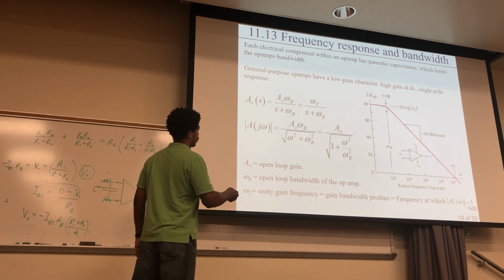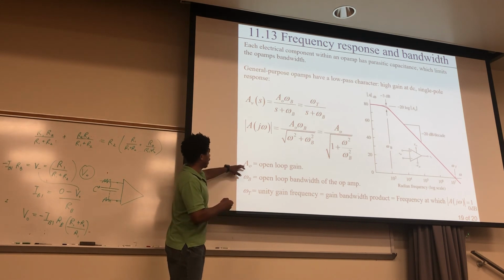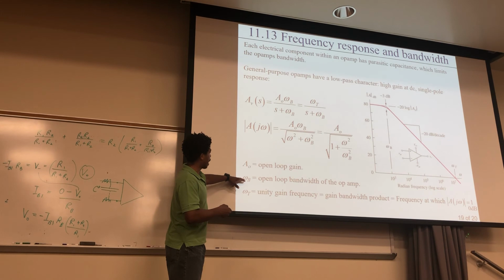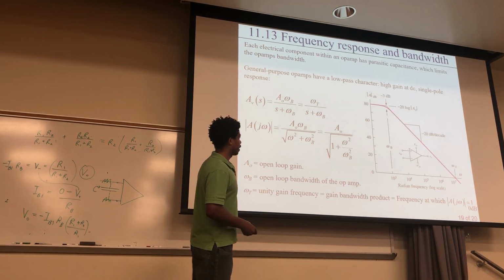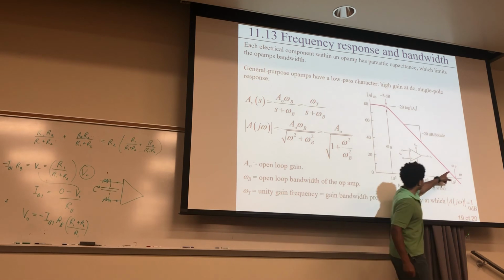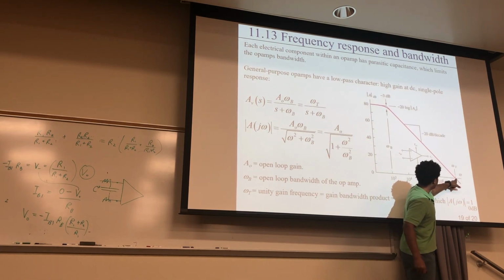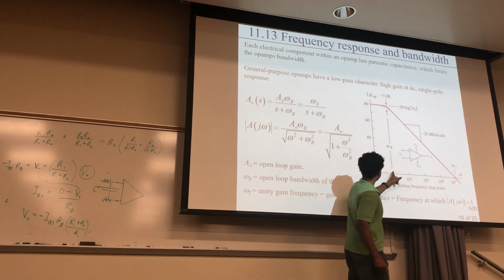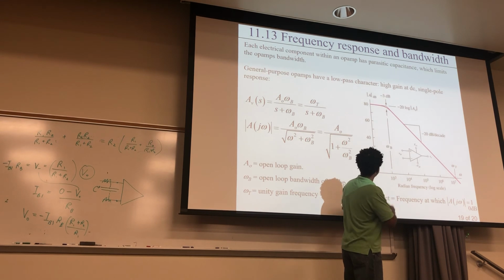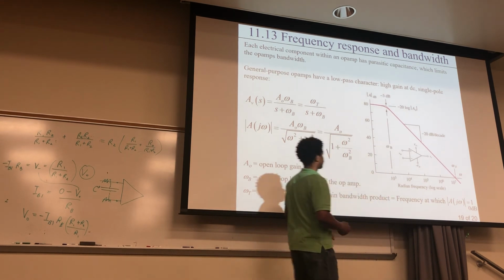Then we can put it in this form right here, where that's the loop gain, the open loop gain. Here's the open loop bandwidth of the op-amp, and this right here is the unity gain frequency, or the gain bandwidth product, the frequency at which this equals 1. And you see here, here's omega t. That's the frequency at which the magnitude equals 1. And this is at the 3 decibel mark right there for the band.